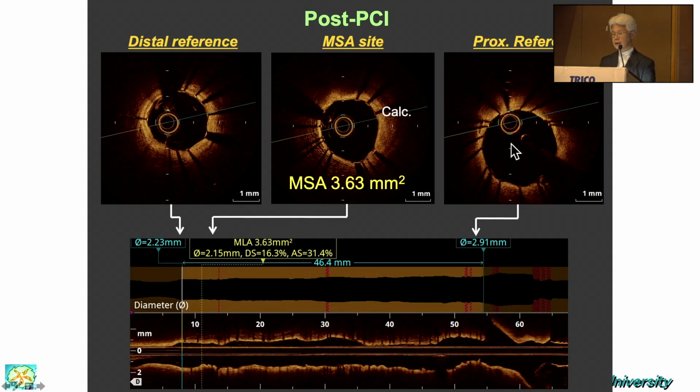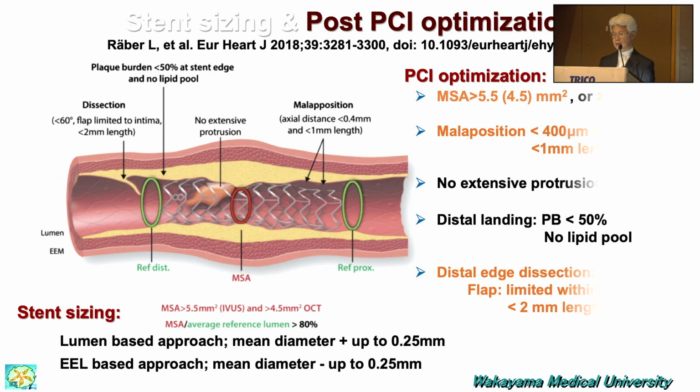So you can check the position and the size. If you try to decide the distal and proximal reference, here and here, the under-expansion can be identified in this portion, but it is too long, and in the mid portion, just after the big diagonal branch, the proximal reference should be different.